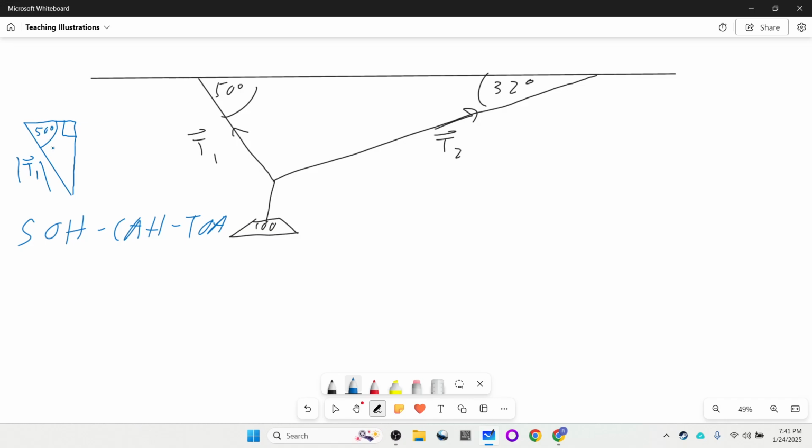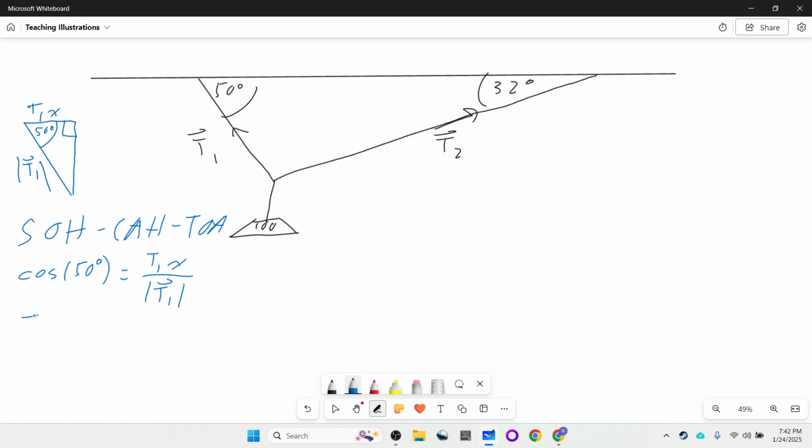This piece here, let's call this T1x. Cosine of 50 degrees would be adjacent, T1x, over hypotenuse, length of T1.